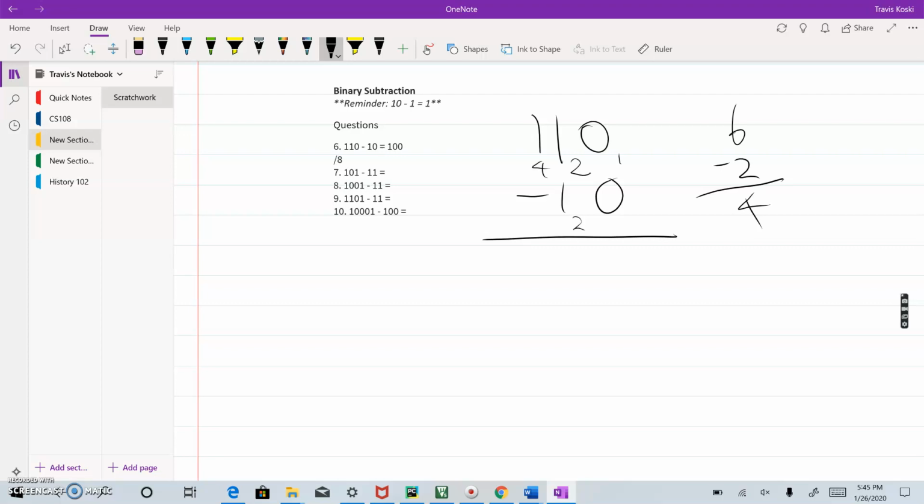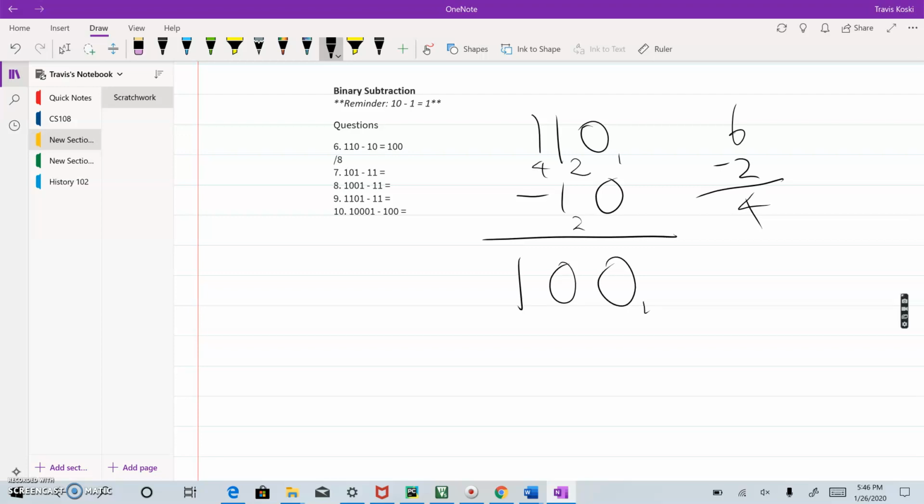Now, if we go back to second grade, you learned about something called subtraction by columns. Addition and subtraction by columns. Now, you can do that with any base. Not only in base 10, we can do this in base 2 as well. So, what happens if you subtract 0 from 0? Well, you get 0. Subtract 1 from 1? Well, you get 0 there as well. And we subtract 0 from 1, so we get 1.